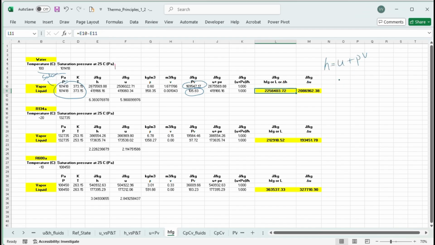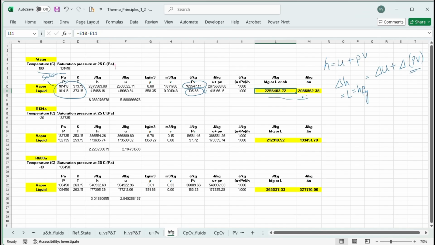And delta H, which is L, is equal to H of G, the latent heat of vaporization. So delta H is also equal to delta U plus delta of PV, right? So if you look at it that way, because delta of PV is a high number, if you look here, delta of PV is not low. Delta U is much lower than the delta H of G.